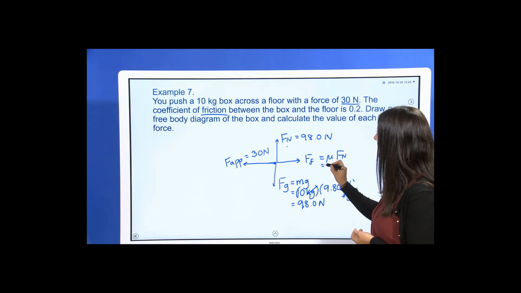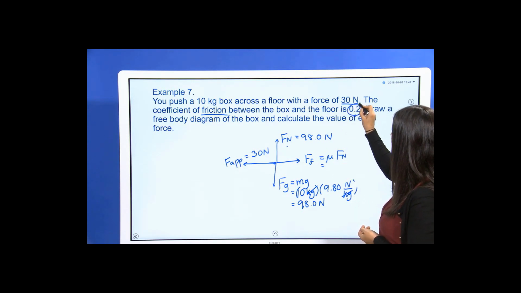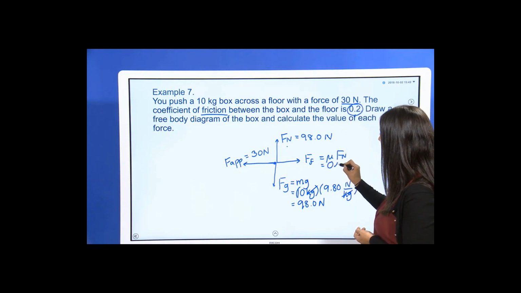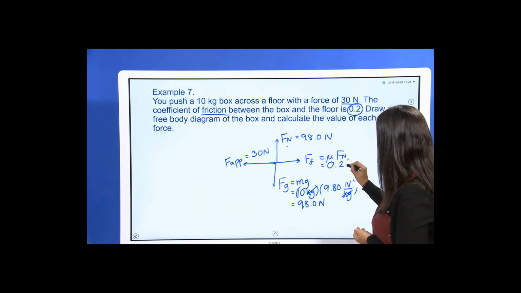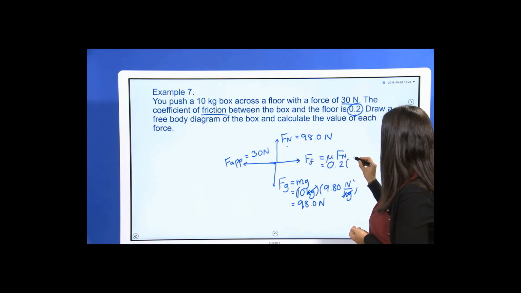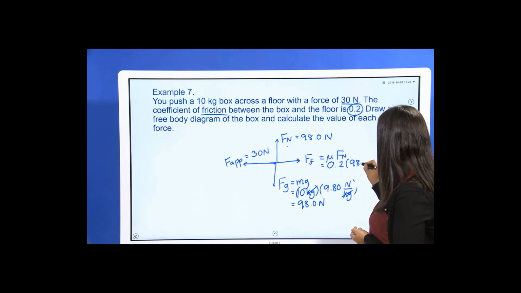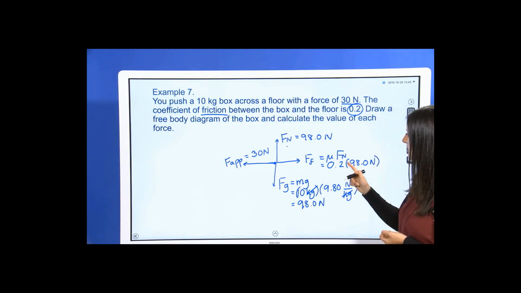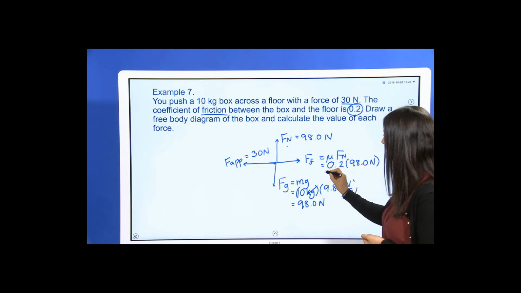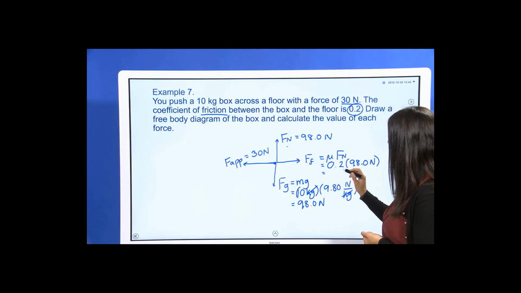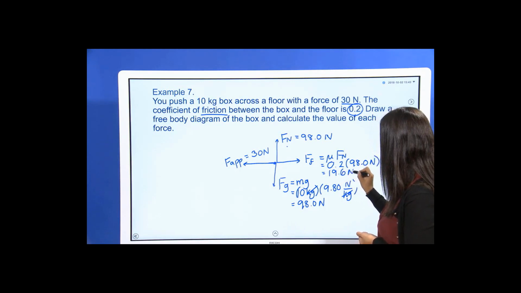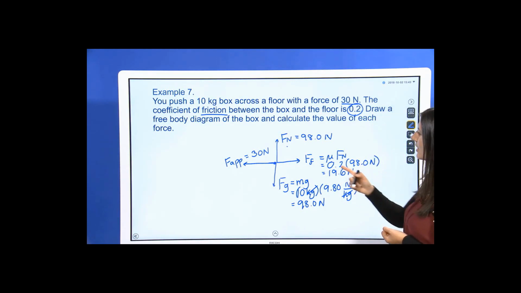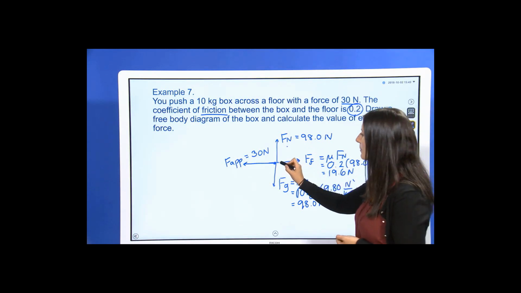In this case, they tell us that the coefficient of friction is 0.2, and my normal force I found over here is 98 newtons. So 0.2 times 98, I get 19.6 newtons.